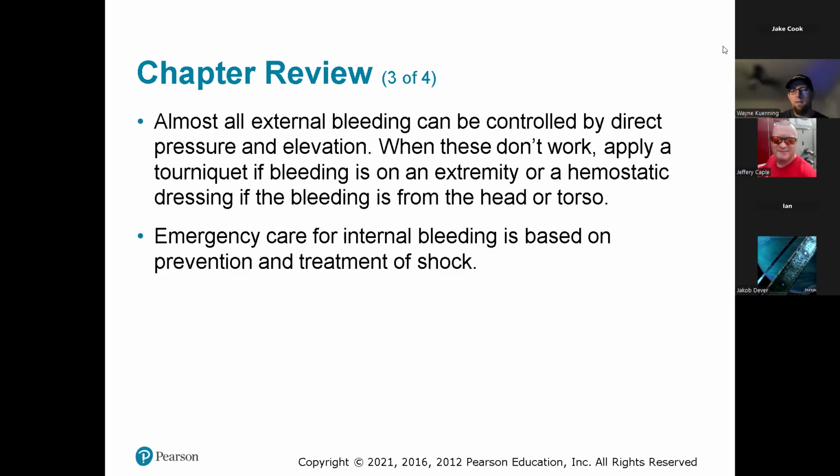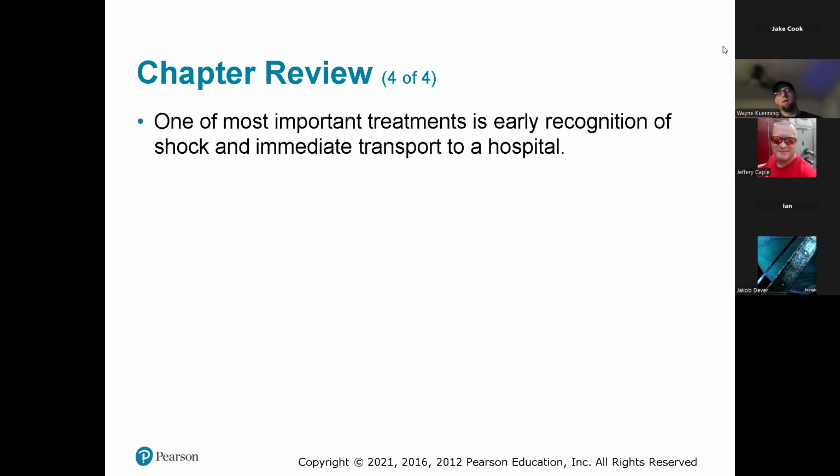So the only thing that we can do for internal bleeding is refill the tank, keep them warm, keep them calm, and help them breathe. I don't know if you know this or not, but oxygen is an amazing vasoconstrictor. I can't press this enough. One of the most important treatments is early recognition of shock and immediate transport to a hospital, an appropriate hospital.